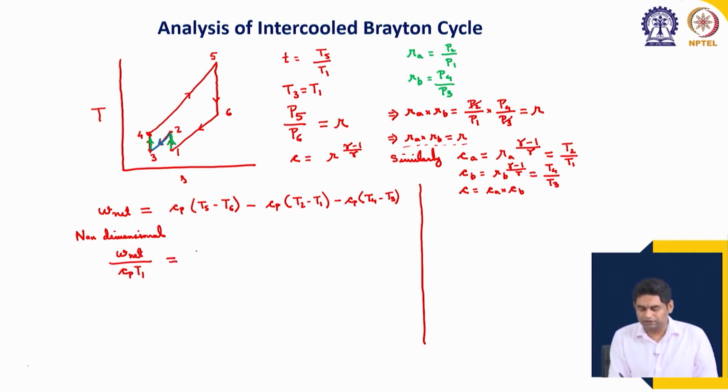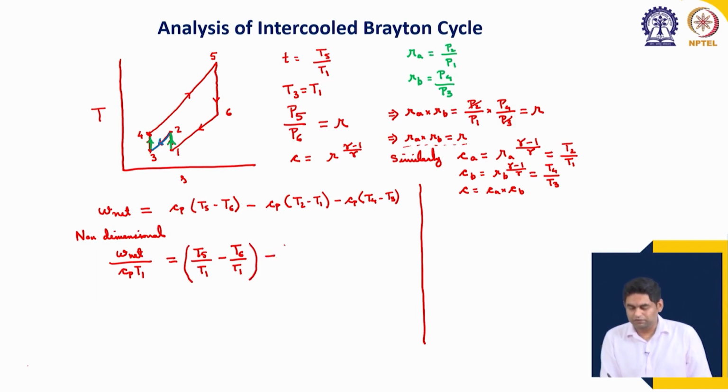So, C P gets cancelled, we obtain T 5 by T 1 minus T 6 by T 1 minus, T 2 by T 1 minus 1 within bracket, minus, T 4 by T 1 minus T 3 by T 1 within bracket again.